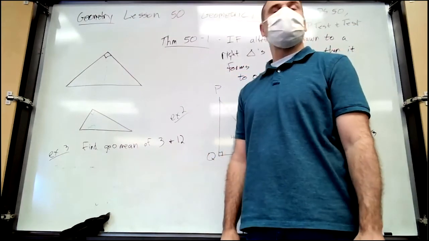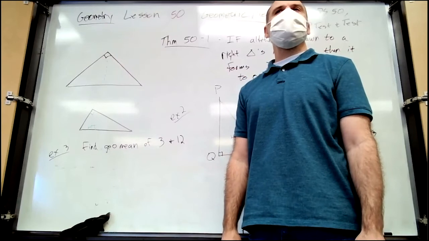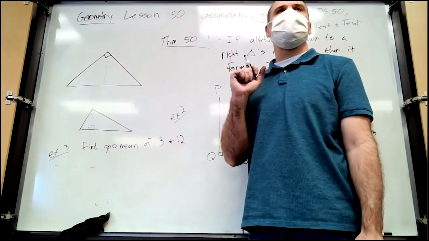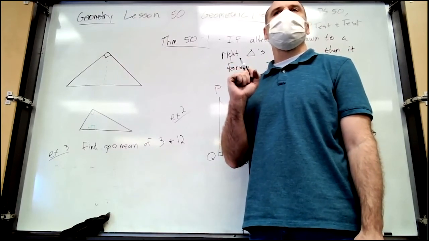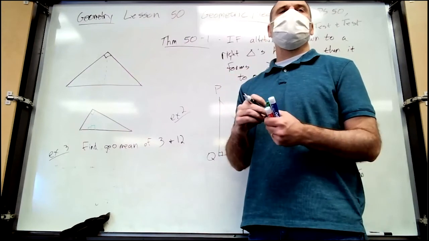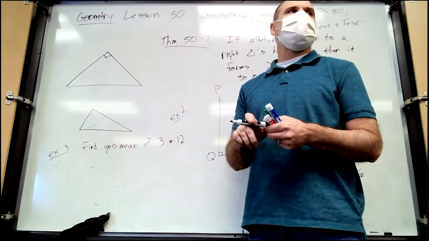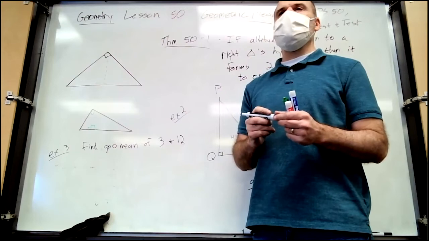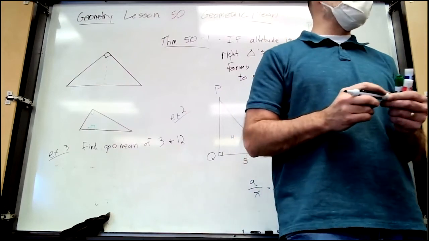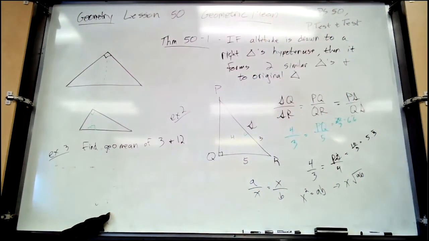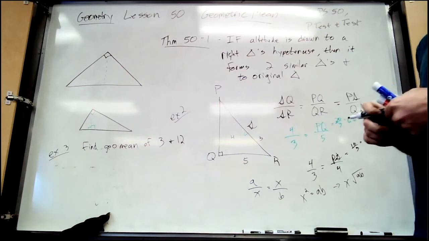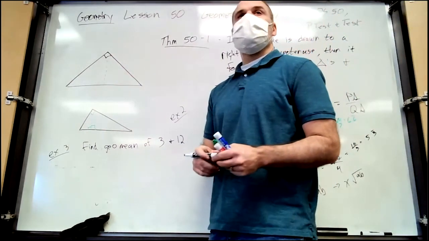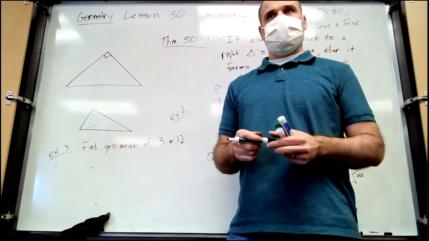Nope. How do you find the geometric mean of two numbers? We just talked about it. Nope. You don't add them together and divide by 2. That's the normal mean. The geometric mean is different. Remember, it's the normal mean on steroids.